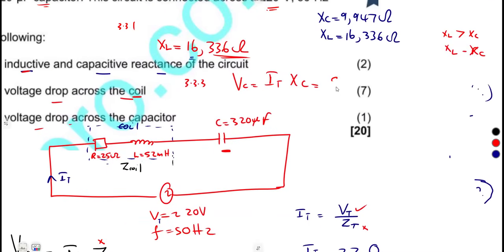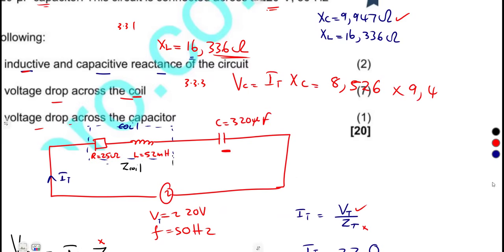So we'll just multiply 8,526 by the reactance of the capacitor, 9,947.